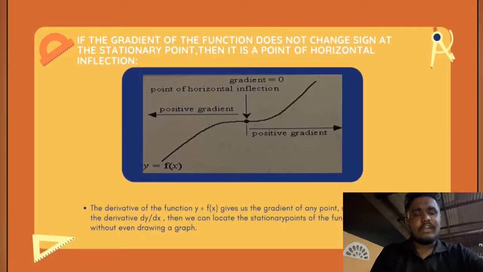The derivative of the function y equals f(x) gives us the gradient at any point, so if we know the derivative dy over dx, we can locate the stationary points of the function y equals f(x) without even drawing a graph.